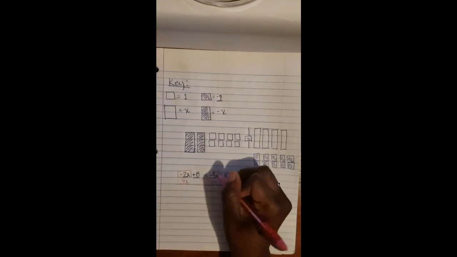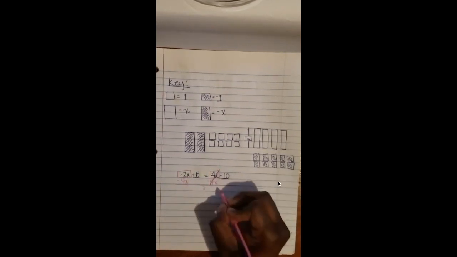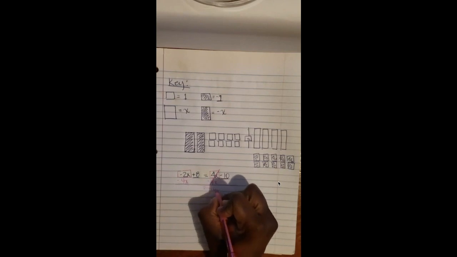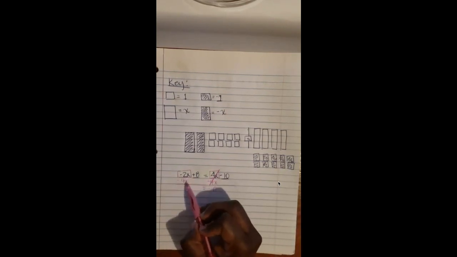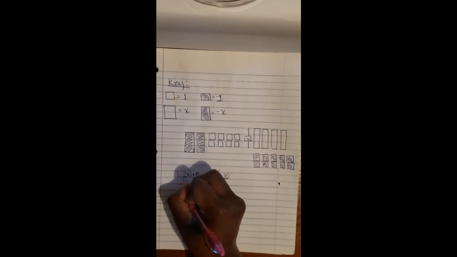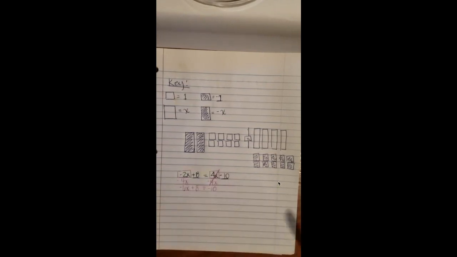Okay. This forms a 0 pair, so this cancels out. On my right-hand side, I'm left with -10. On my left-hand side, I have -2x minus 4x, which gives me -6x plus 8. Now I need to bring my constants to my right-hand side.